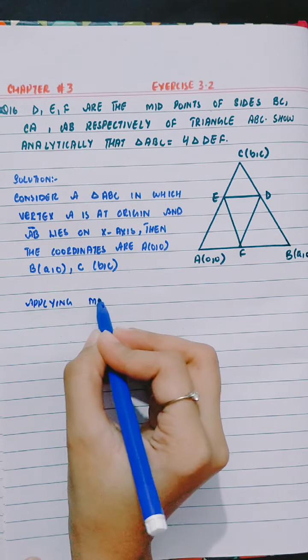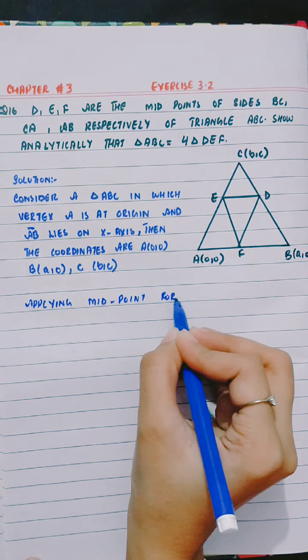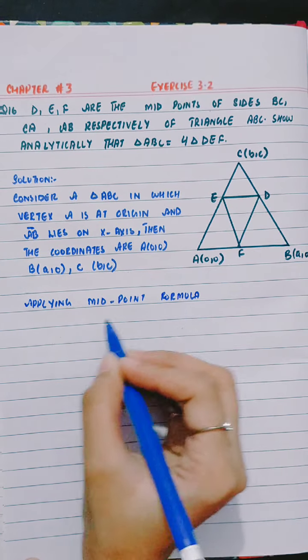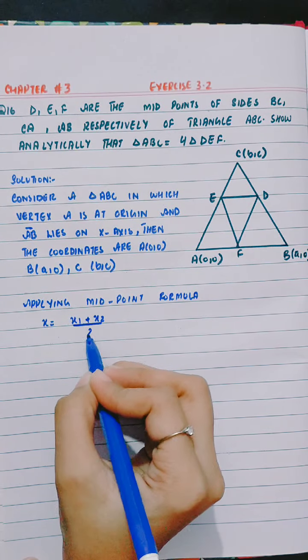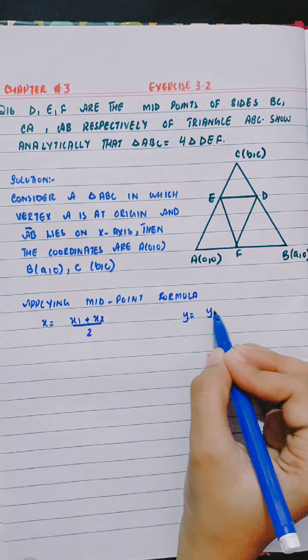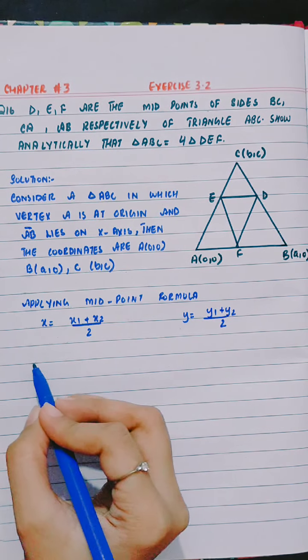Now applying the midpoint formula, x is equal to x1 plus x2 divided by 2 and y is equal to y1 plus y2 divided by 2.